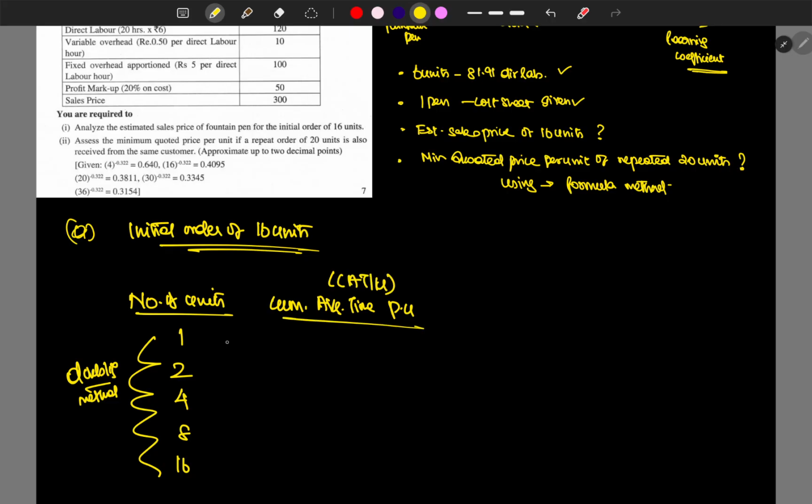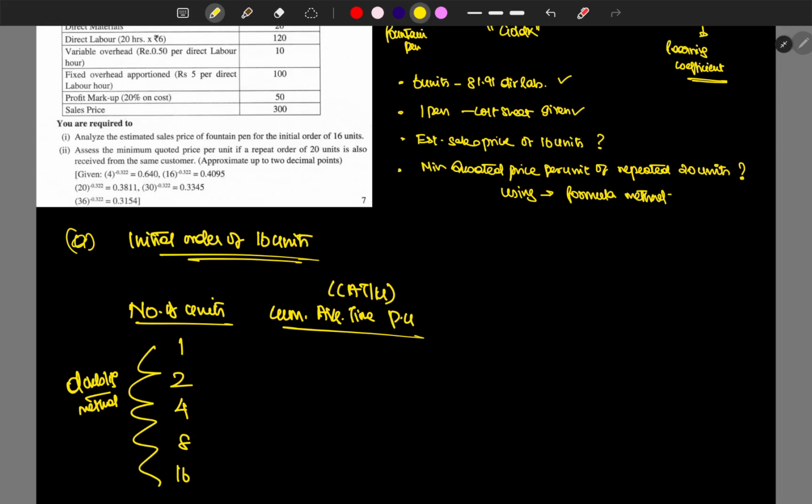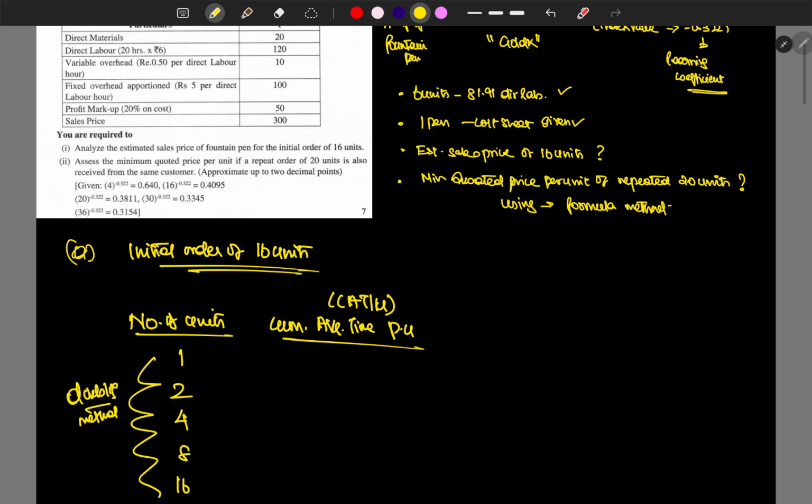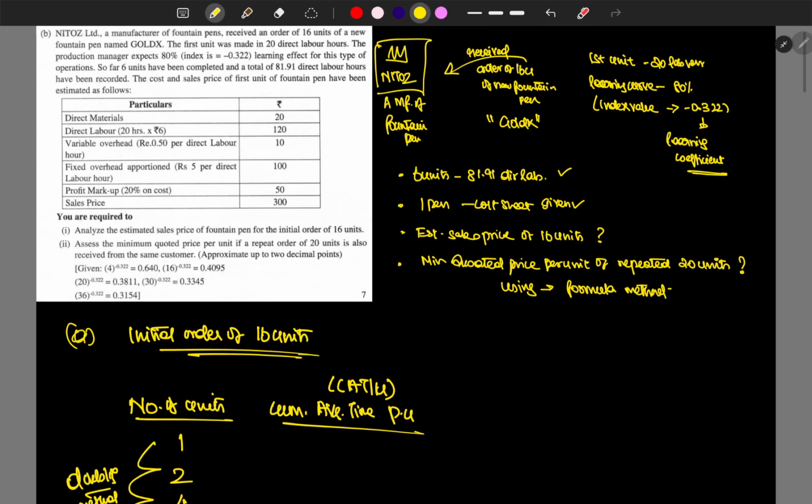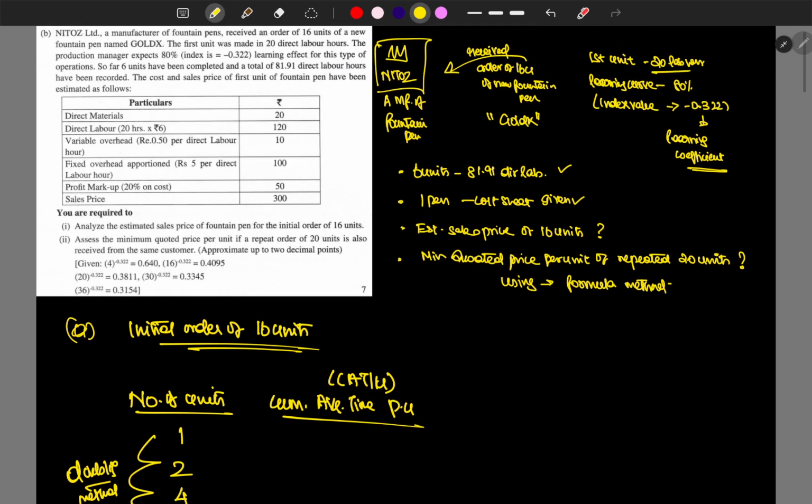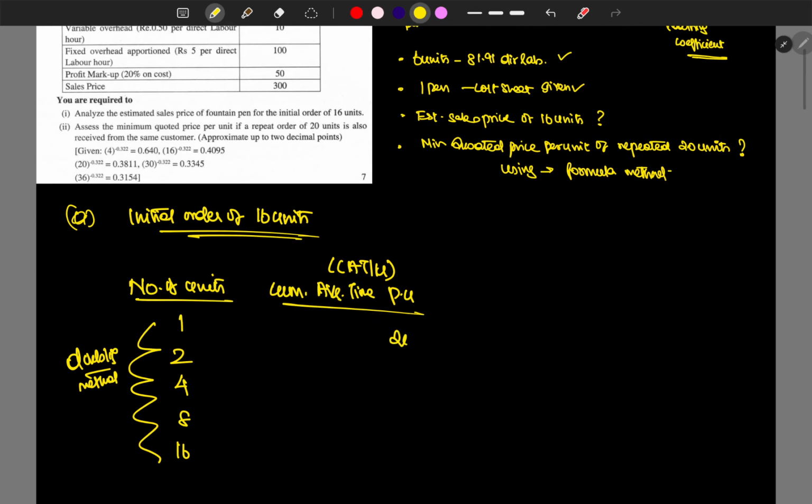For the first unit, the production takes 20 labor hours, so 20 into 100 percent. There is no learning effect for the first unit, so 20 hours.